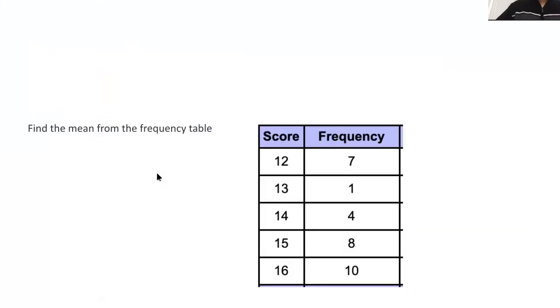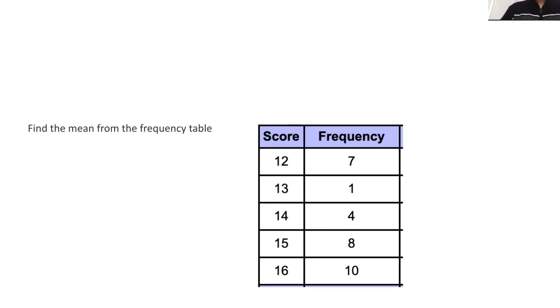The next thing we're going to do is find the mean from the frequency table. So does anyone know how to find the mean? To find the mean from a frequency table, you multiply each class by their frequency and divide by the total number of frequencies.